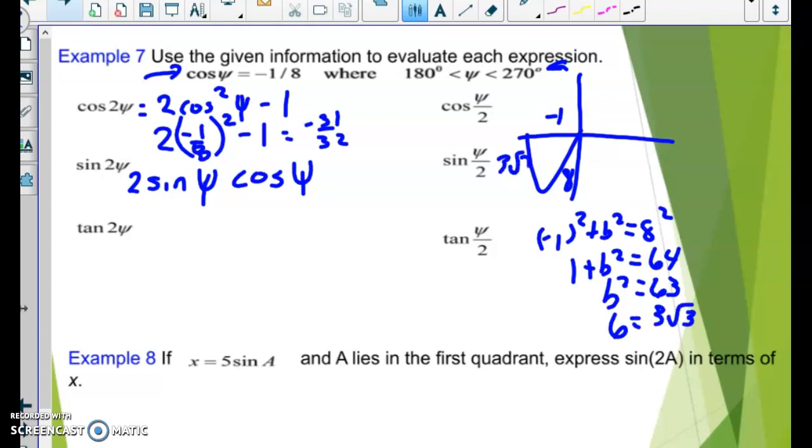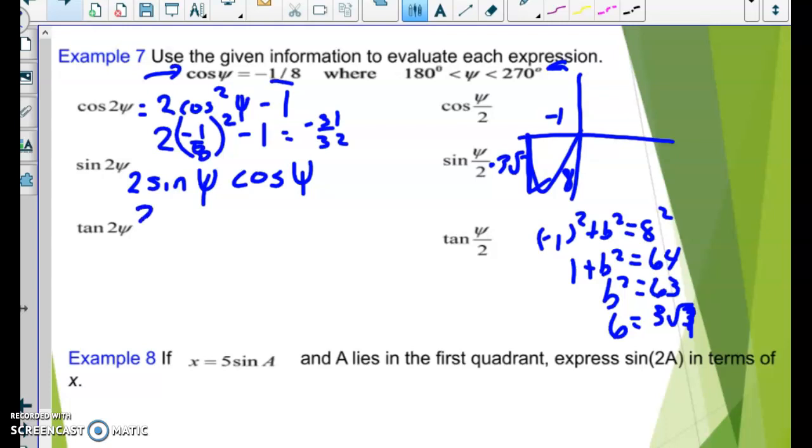So we found that length, but before we start plugging it in, if we look at that triangle, notice that this is going down. So since it's in the third quadrant, my 3√7 has to be negative. So now I can plug into my formula because I already know what the cosine is. Now I know what the sine is.